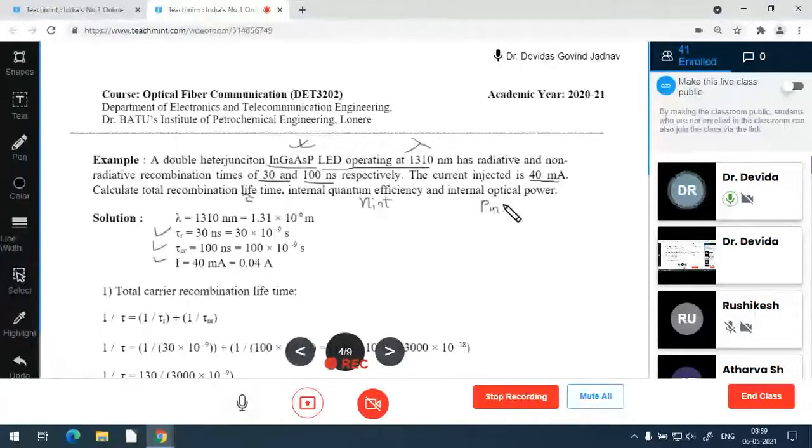Again, it is the same numerical with the same data given.